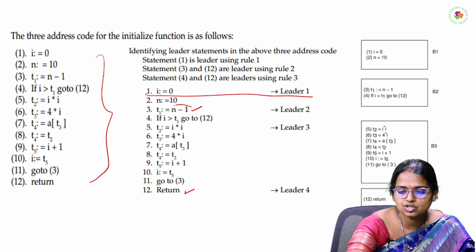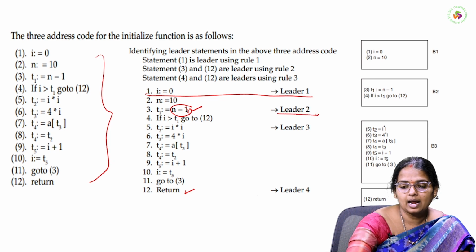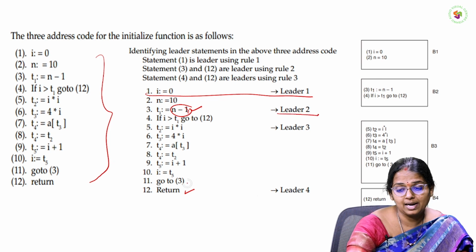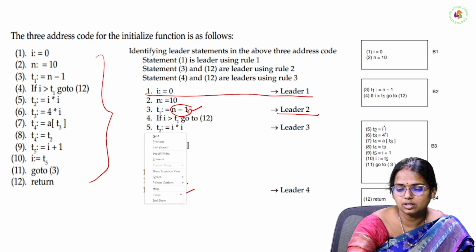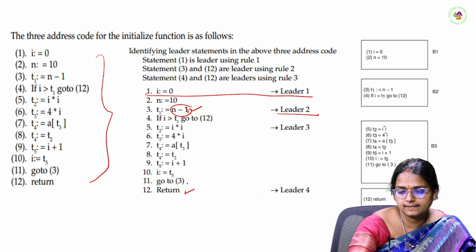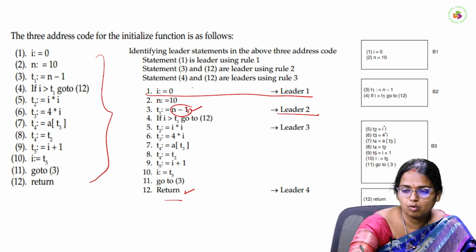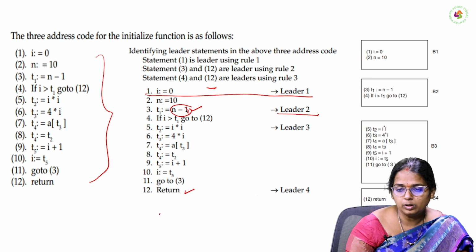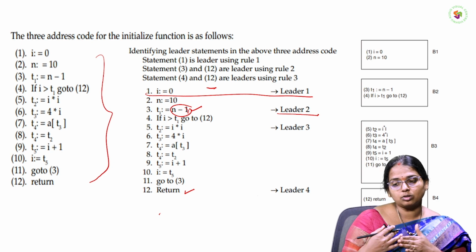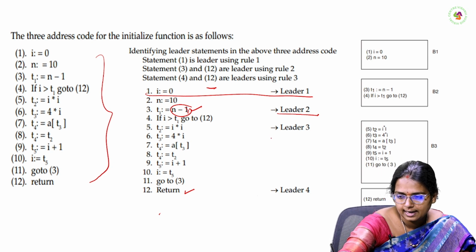Statement 3 is the initialization of the loop, so that starts as a leader, and as soon as the loop completes, the statement we reach is also a leader statement. Next, according to rule 3, statement 4 and statement 12 are leader statements. Rule 3 says the statement next to the jump, to the loop, is a leader statement.